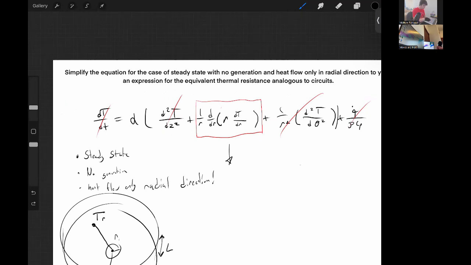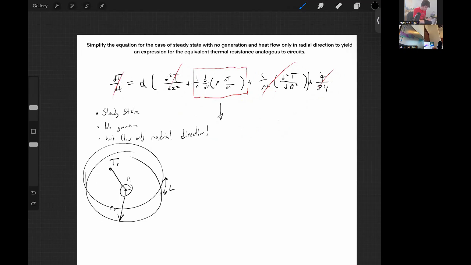So just to kind of show what all of this is, I just wanted to save some time in writing this all. So what we're going to do is we're going to make an equivalent thermal resistance equation that is analogous to how circuits are analyzed and how their resistivity is analyzed. So the way that we're going to do this is we're just going to set this equal to zero because we're in steady state.